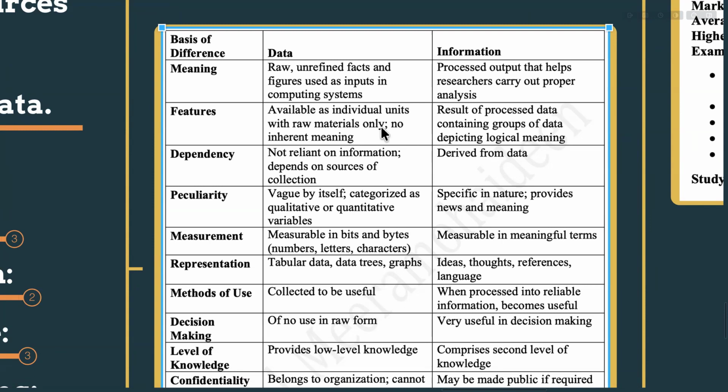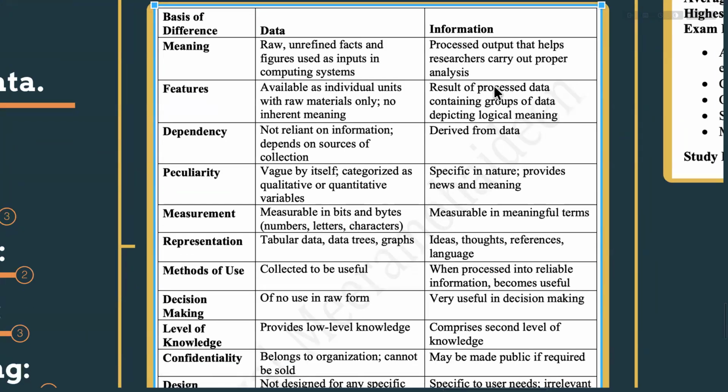Those are individual units. But information is the result of processed data, containing groups of data depicting logical meaning. You can understand it from your daily summary, right? I made 25 trips today, covered 45 kilometers in total, and earned rupees 5,500 as profit. So that is information.